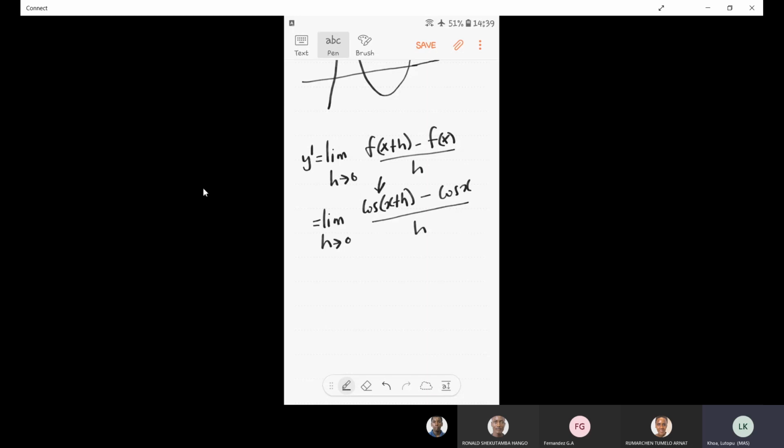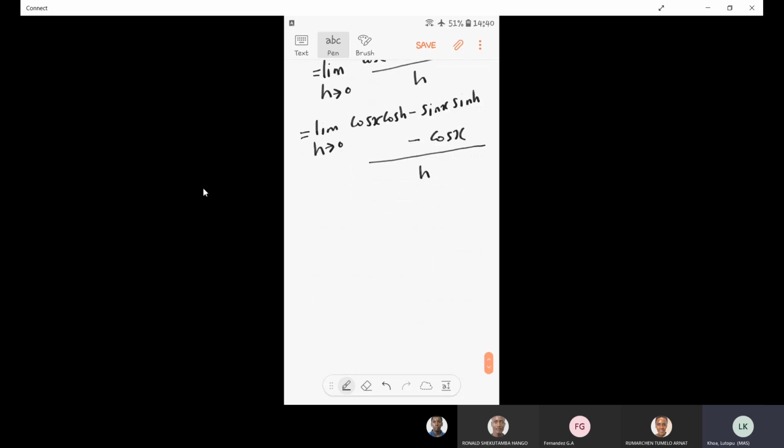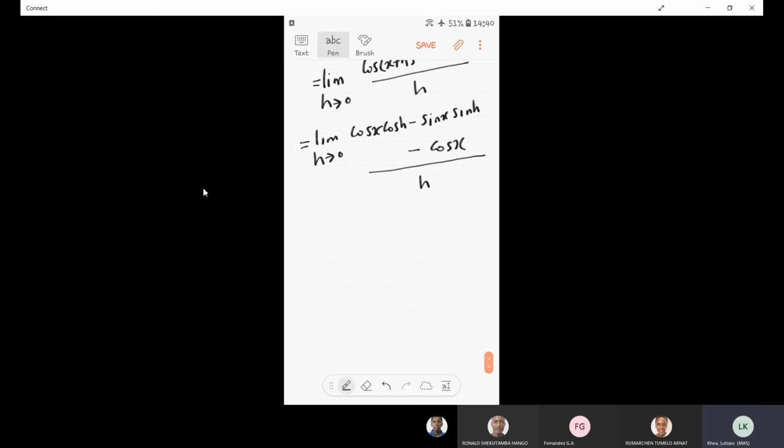Then we know how to expand this one over here. We did it in trigonometry. This is the limit as h goes to 0 of cos x cos h, minus sine x sine h, minus cos x, and this is all over h. Okay, so what we can do is, if you look at the first term here and the last term, they have cos x in common.